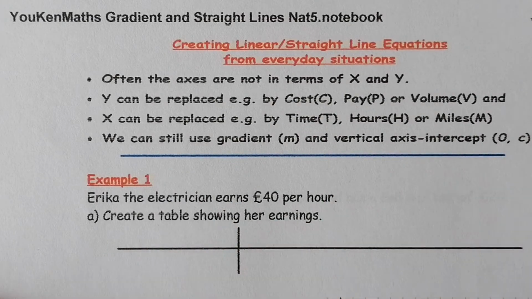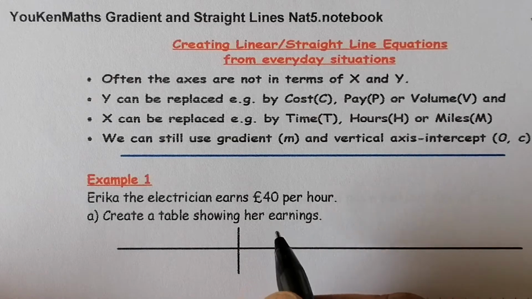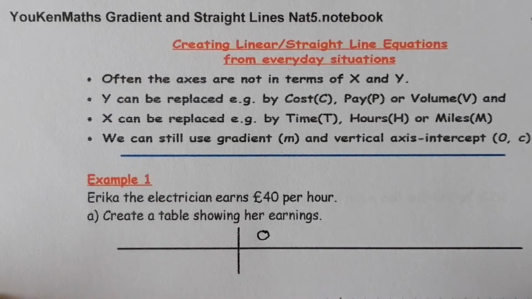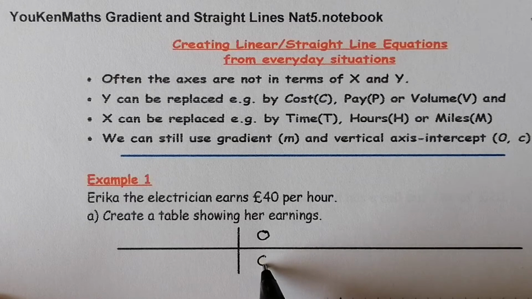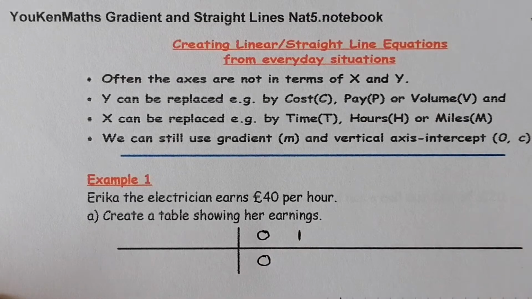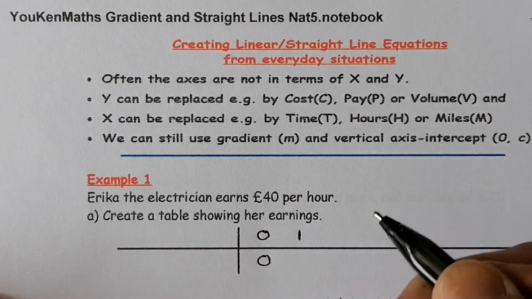Erica is an electrician and earns £40 per hour. So let's create a table to show her earnings. £40 every hour. I'm going to start with if she doesn't work at all, zero hours, she's going to get zero pay. If she works for 1 hour, she's going to get £40, because it's £40 every hour.